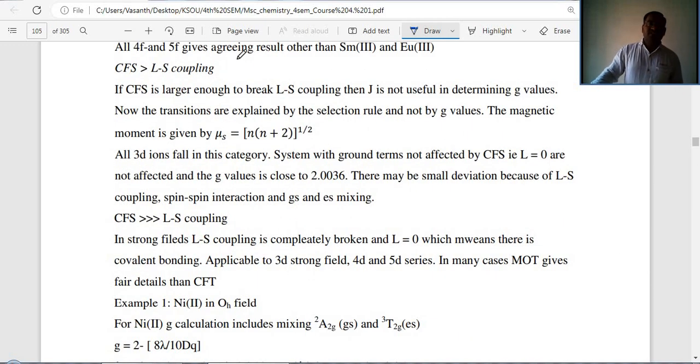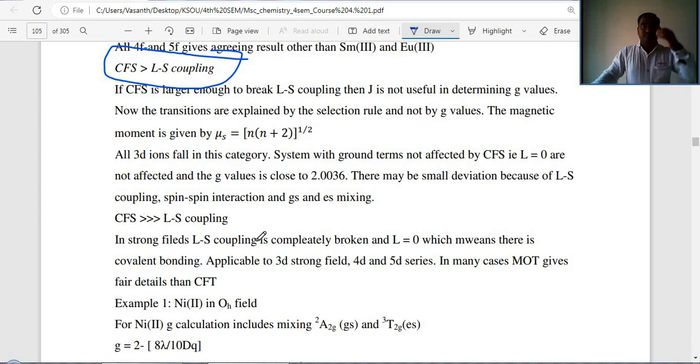The CFS is greater than LS coupling. Here, CFS breaks LS coupling, so J is not useful in determining the g value.